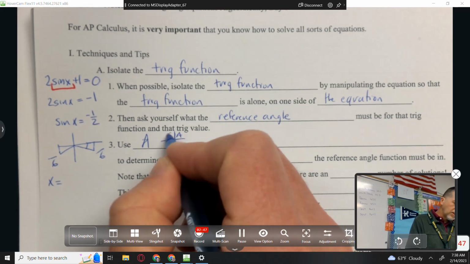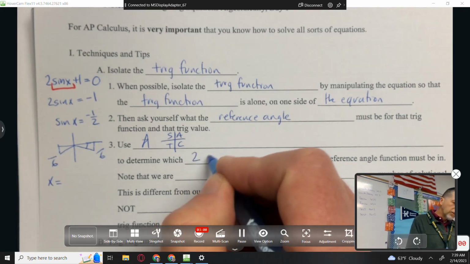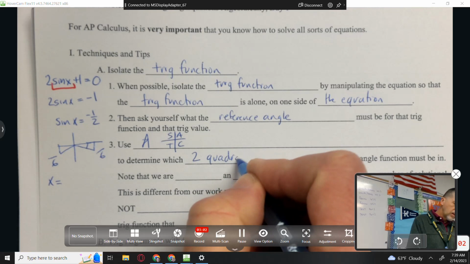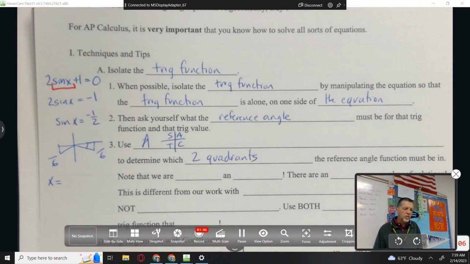Rather than write it all out, use all students take calculus, or just your knowledge of where things are positive and negative, to determine which 2 quadrants the reference angle function must be in.